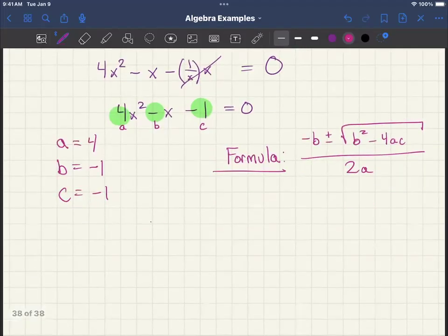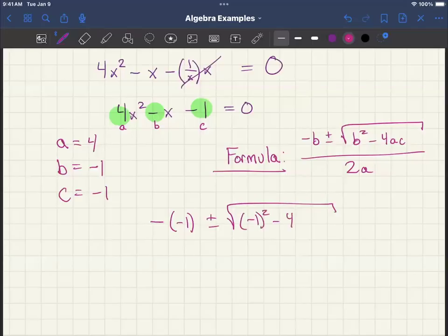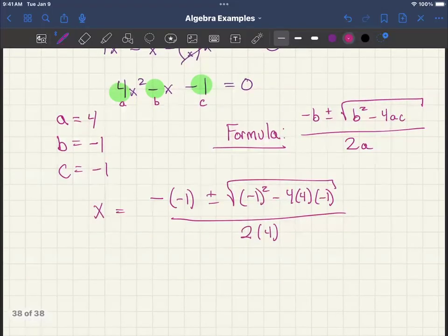We have a -(-1) plus or minus the square root of our b, which is -1 quantity squared, minus 4. Our a is 4, our c is -1, over 2 times our a value, which is 4. So this is what x is equal to.